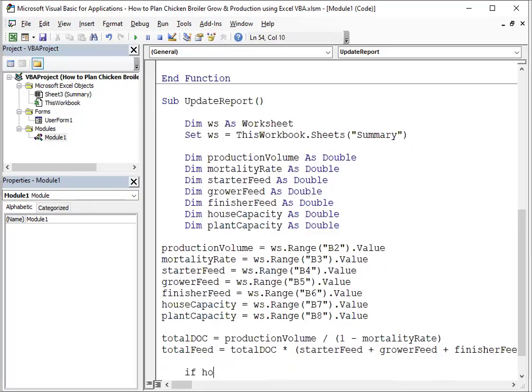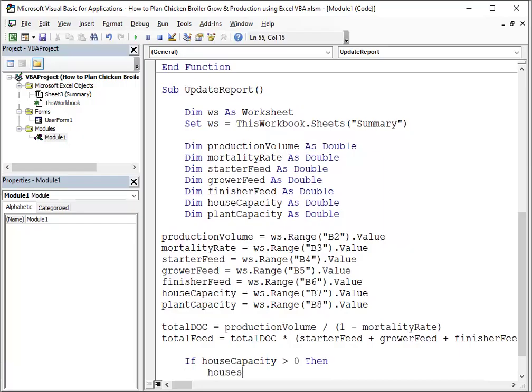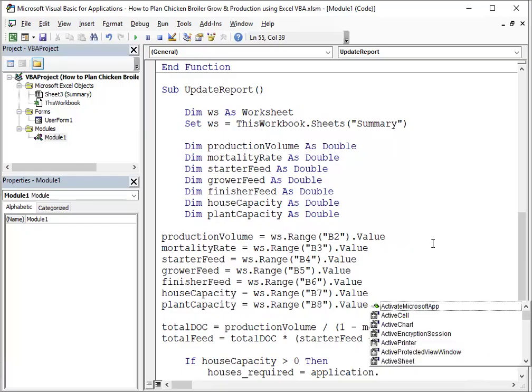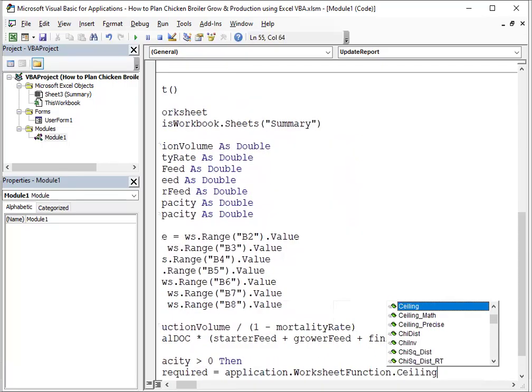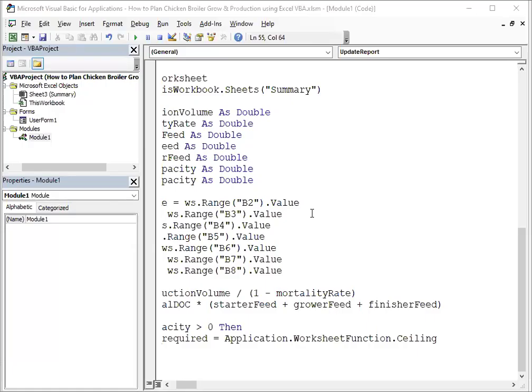So if house capacity is greater than 0, then houses_required equals Application.WorksheetFunction.Ceiling.